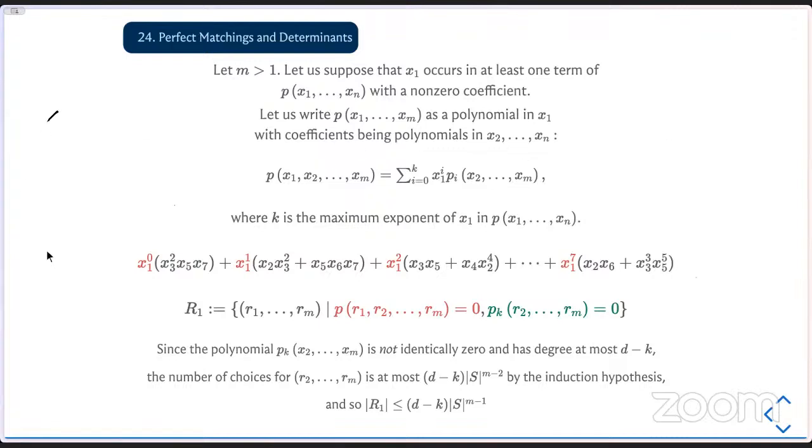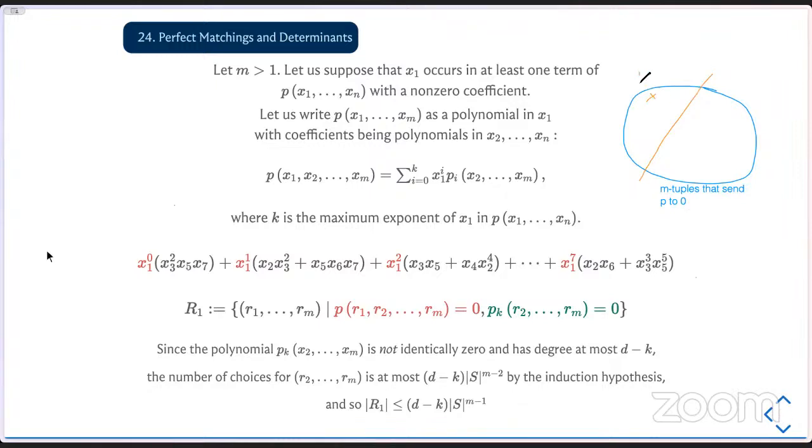Okay, maybe I should just back up a bit and say, here's what we're trying to count. This is the whole set of m tuples that send p to 0, and we are trying to say the size of the set is bounded in some way. What we have done is bifurcate the set into two parts.